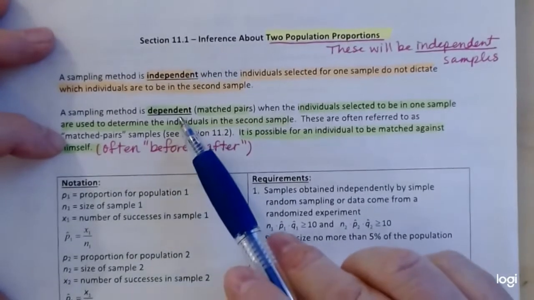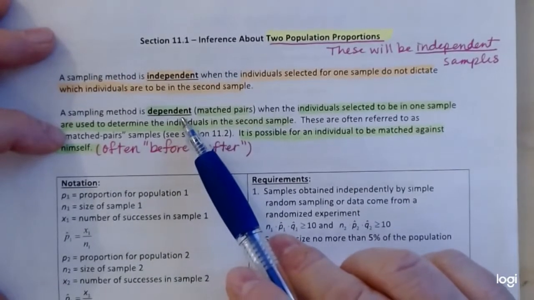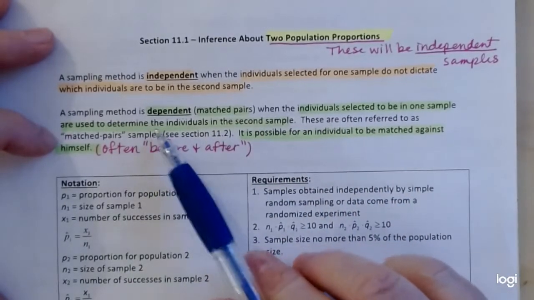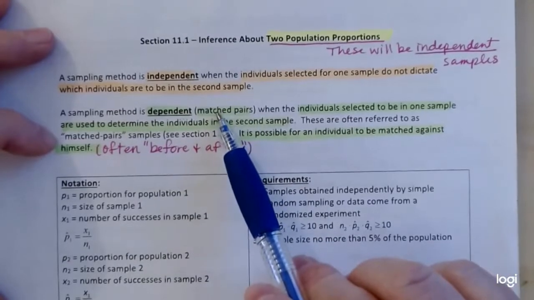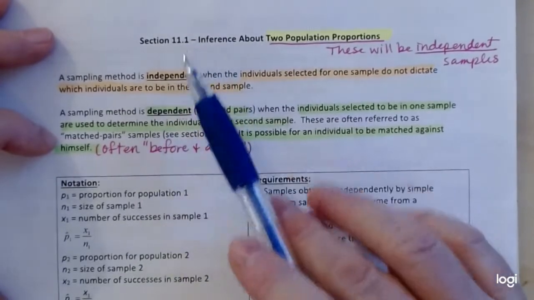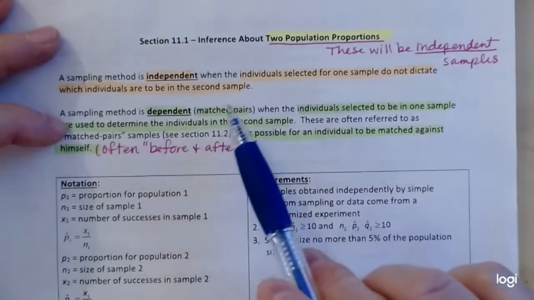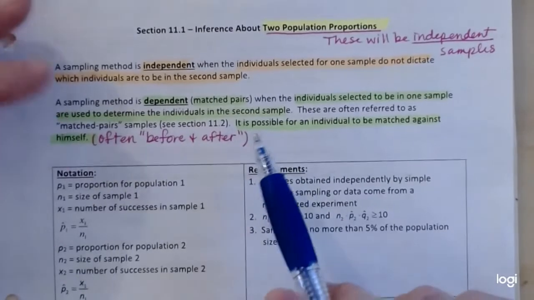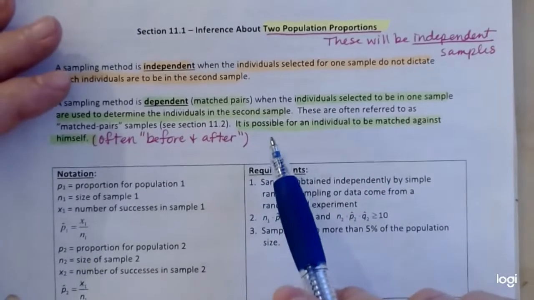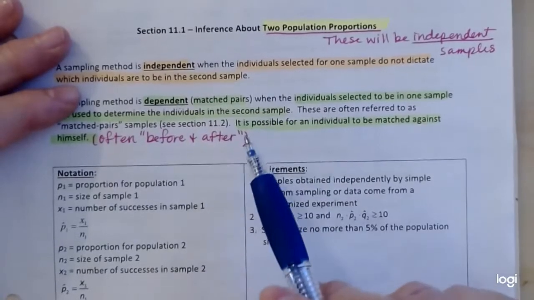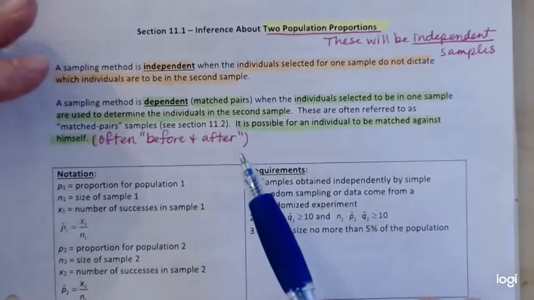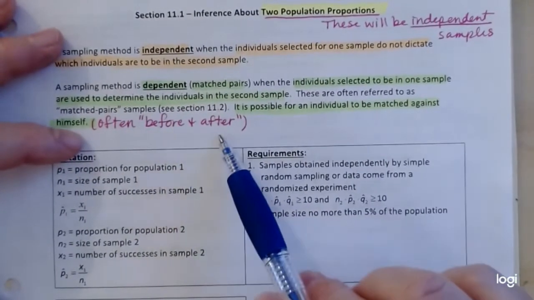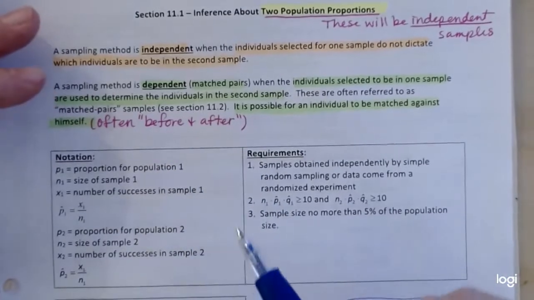A sampling method is dependent, and this comes up in the next section, when the individuals selected to be in one sample are used to determine the individuals in the second sample. These are matched pairs, and that's not what we're dealing with in 11.1, but in 11.2 we'll talk more about these matched pairs, where you have, like, husband and wife pairs where you're comparing the husbands and the wives, a parent and a child, two siblings, and sometimes even in that one you compare an individual to themselves before and after some kind of event or treatment.